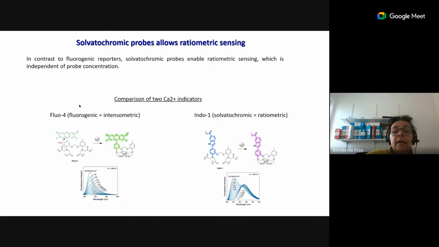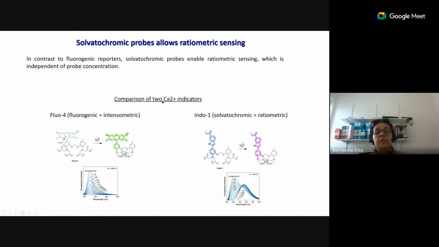This means that they are probes that change the wavelength of emission as a consequence of the event that they are monitoring.